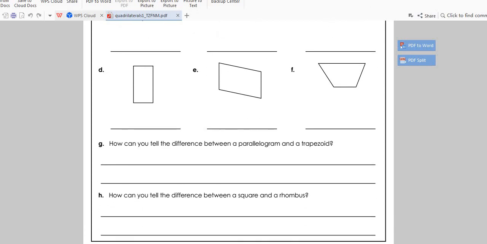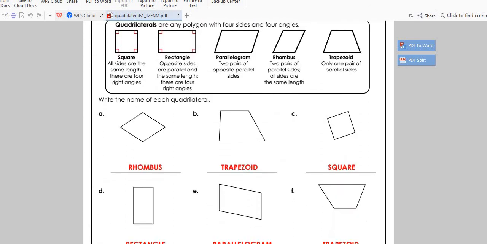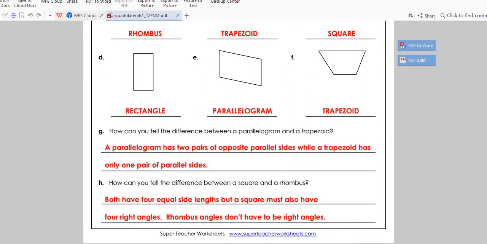How can you tell me the difference between a square and a rhombus? In a square, all sides are equal in length and it must have four right angles. But in the rhombus, all sides are equal in length, but the difference is the angles may not be right angles. It's not a must that the rhombus angles are right angles inside.